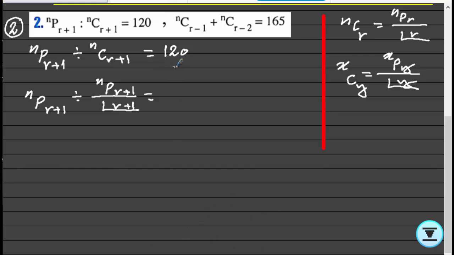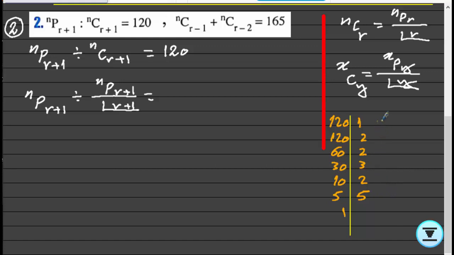You can use factorization to put 120 in the form of factorial. 120 divide 1 equals 120, divide 2 equals 60, divide 2 equals 30, divide 3 equals 10, divide 2 equals 5, divide 5 equals 1.